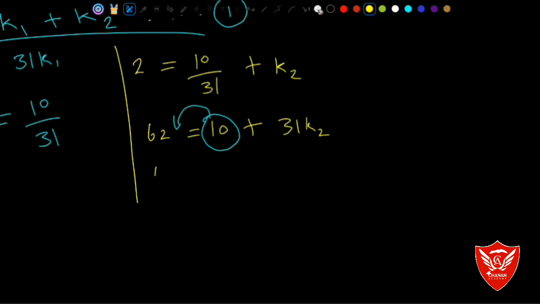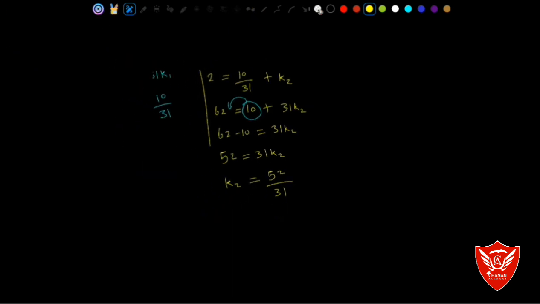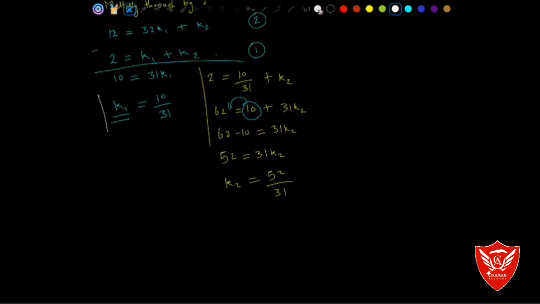And we're going to have 62 minus 10 equals 31k2. So this will become 52 equals 31k2. So we can divide both sides by 31 and then k2 will be equal to 52 over 31. From this, we have that our k1 is this and our k2 is this.